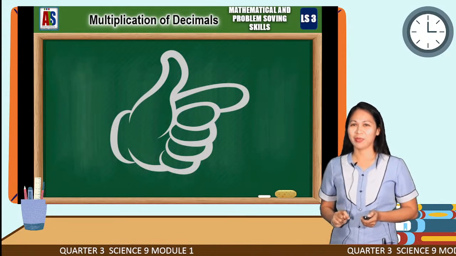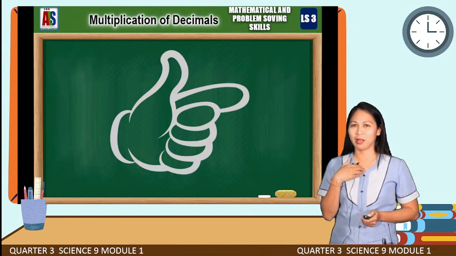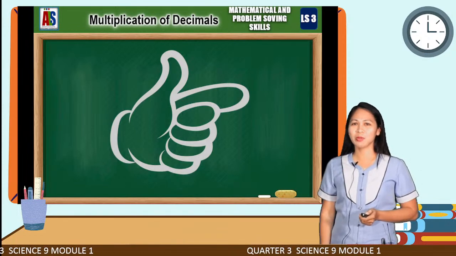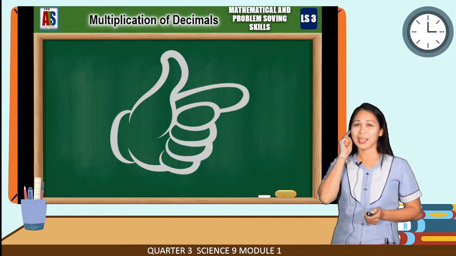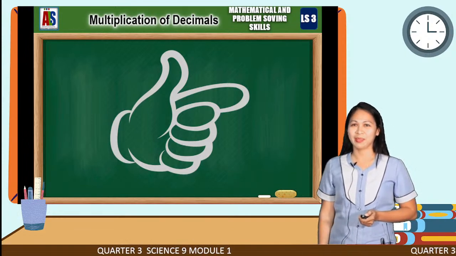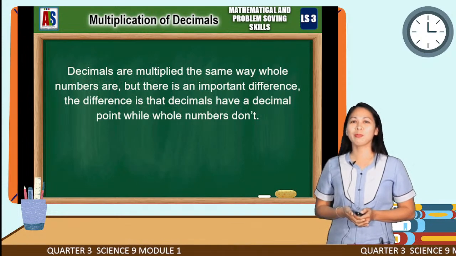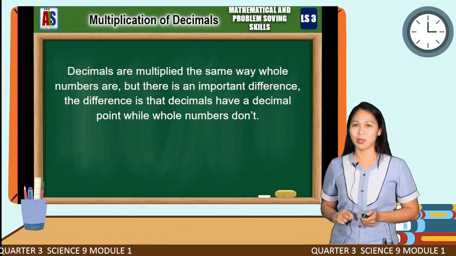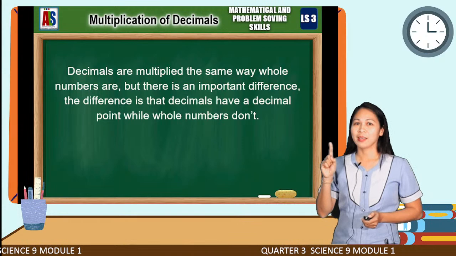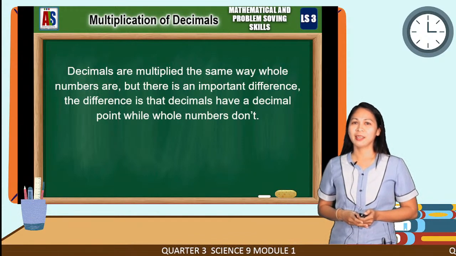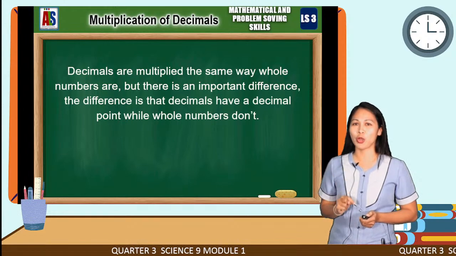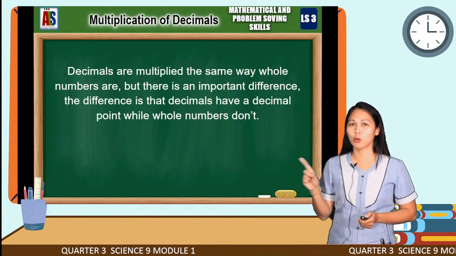Now, how do we multiply decimals? Okay, again, listen carefully and understand. Decimals are multiplied the same way whole numbers are, but there's an important difference. The difference is that decimals have a decimal point, while whole numbers don't.